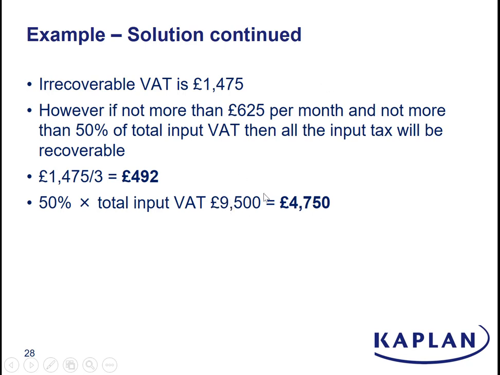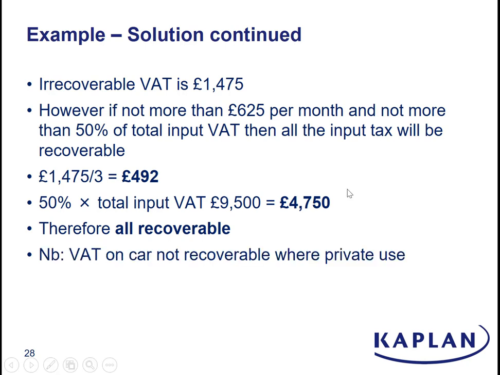Well, the total input VAT was £9,500. Half of that is £4,750. We're looking at £1,475. So, yep, tick, less than 50%. Therefore, all of that £1,475 apparently irrecoverable VAT is actually recoverable. However, the VAT relating to the car, definitely no good.